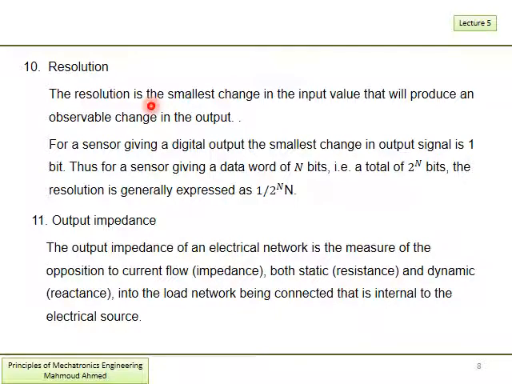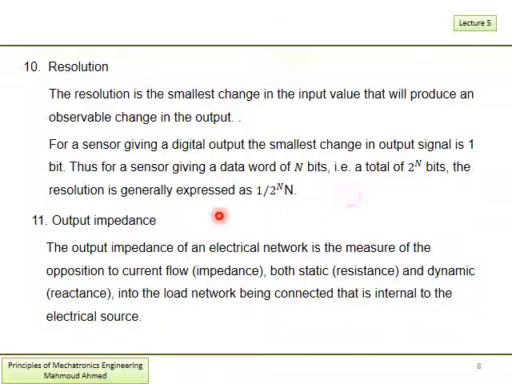Resolution can be simply expressed as the smallest change in the input value to produce an output. So for a sensor giving a digital output, the smallest change is 1 bit, for example. Thus, for a sensor that gives a data word of n bits, the total is 2 power n bits.